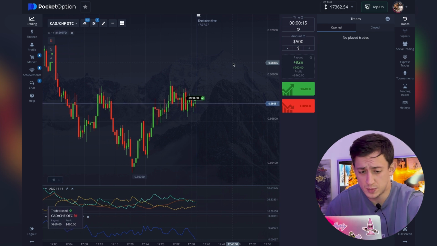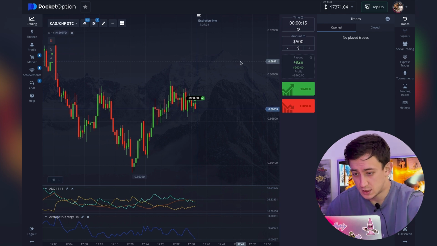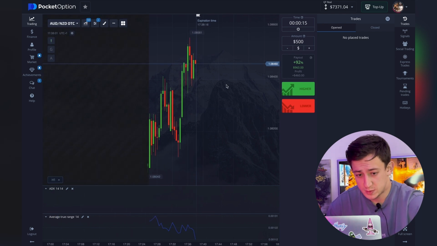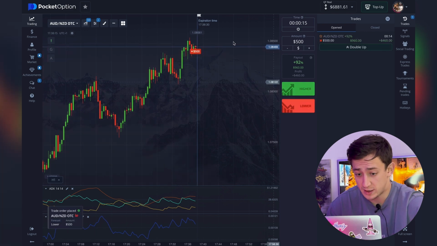Guys, cash in our pocket. It is very, very cool. And so moving on. Before us is the Australian dollar New Zealand dollar currency pair. The indicator shows a downward movement, and so I will enter a short position and expect a profit.